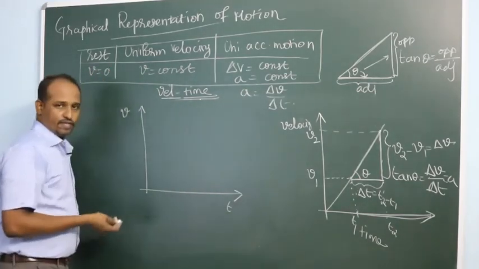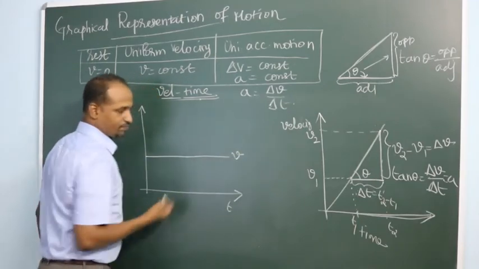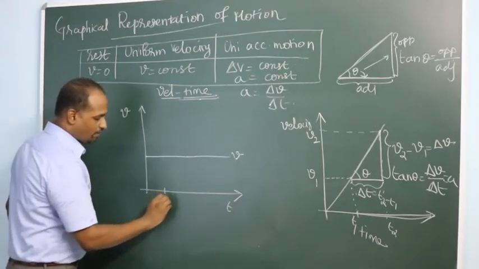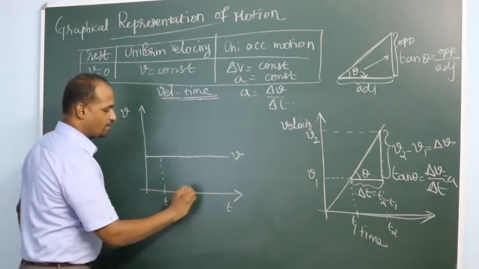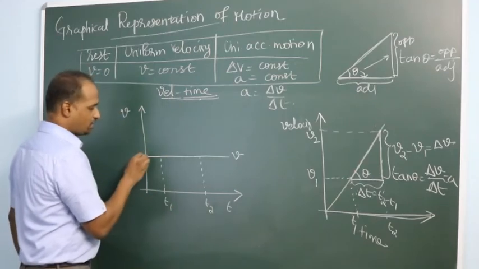What is the area of the graph? Suppose an object is moving with a constant speed v, and that velocity is v here. At time t1, you are cutting the graph, the velocity is v. After some time, at time t2, you are cutting the graph, the velocity is still v.